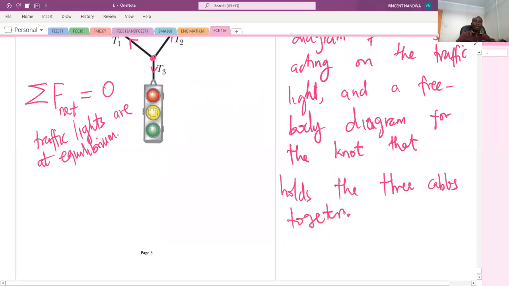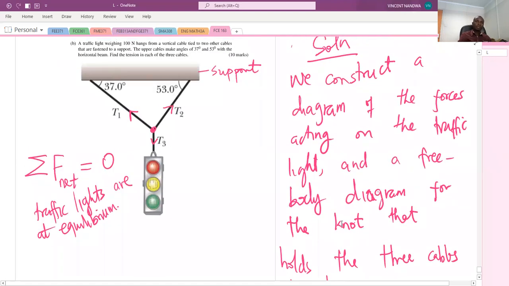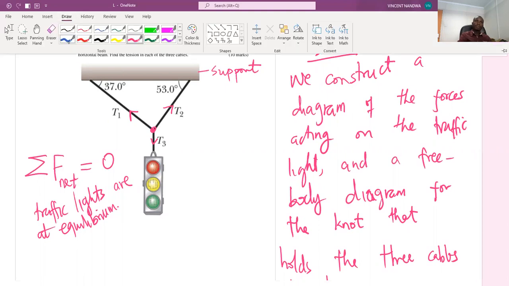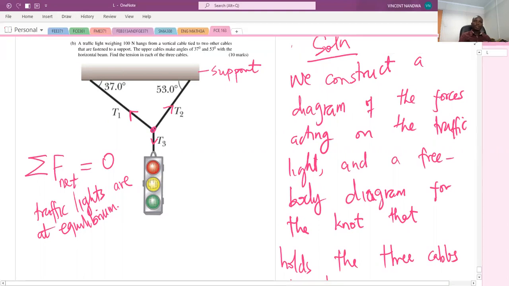Now you see, in this given diagram, there is a tensional force acting downwards, this T3, and then there's a force acting upwards, which actually has the same value as this T3.